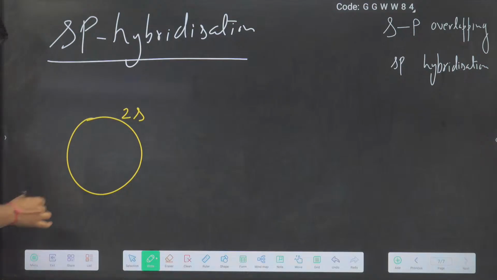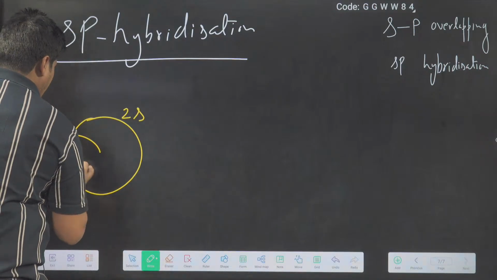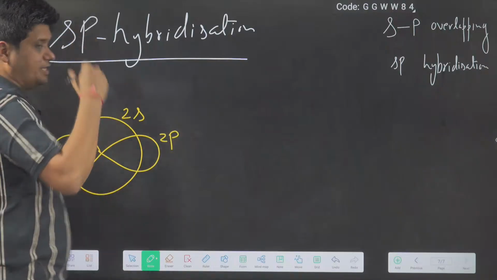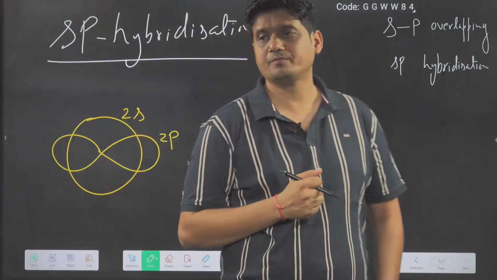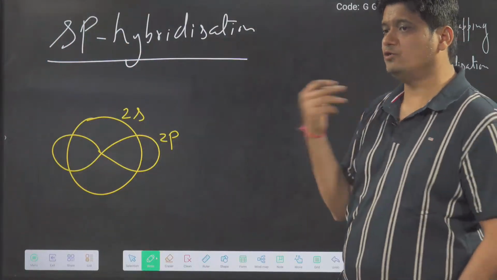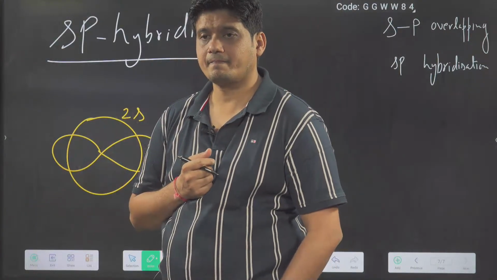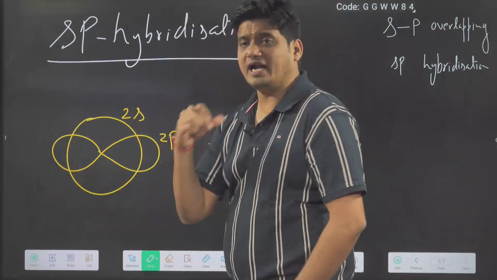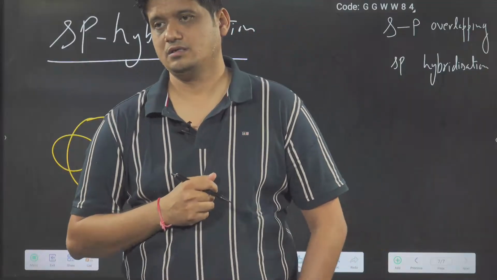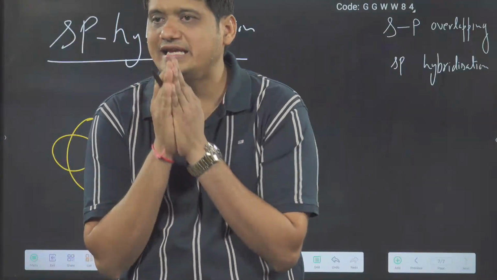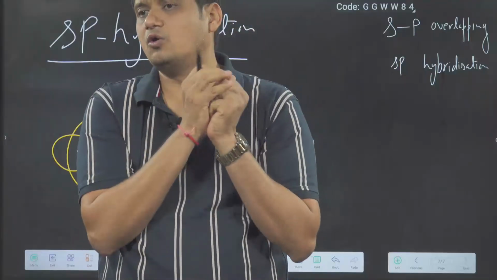So I will take here a 2p orbital. Sir, why 2p? Why not 3p? In the definition part, I said one point. In the case of hybridization, atomic orbitals of nearly the same energies are going to intermix.